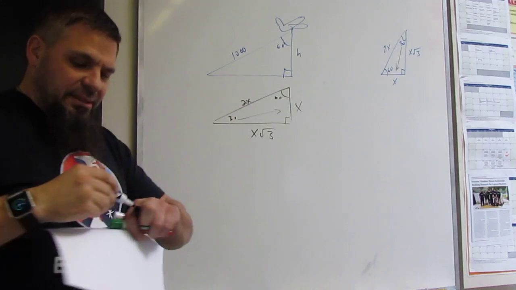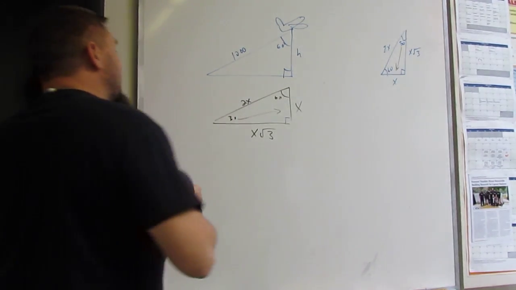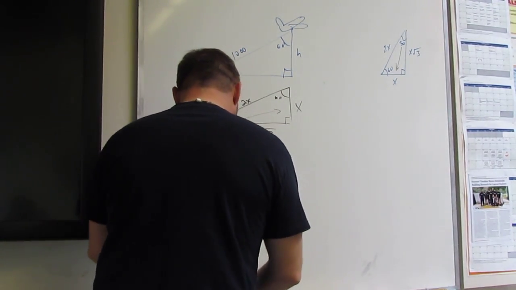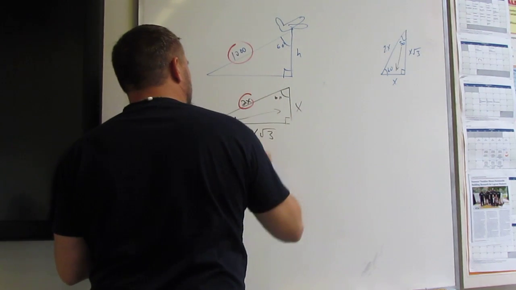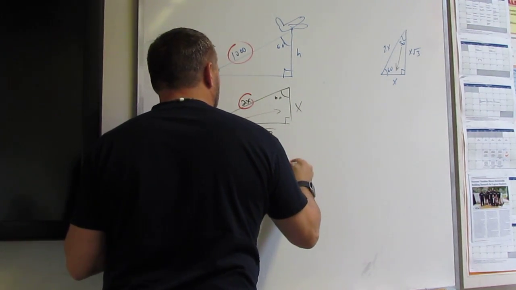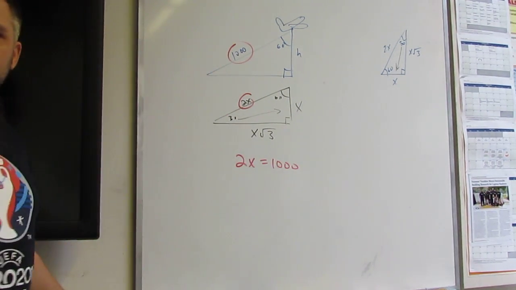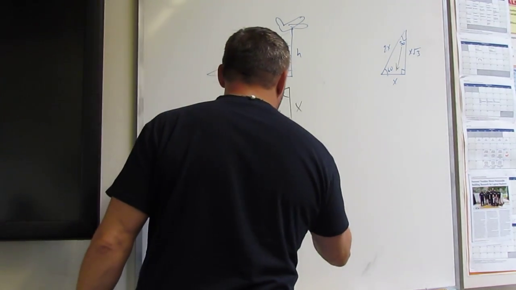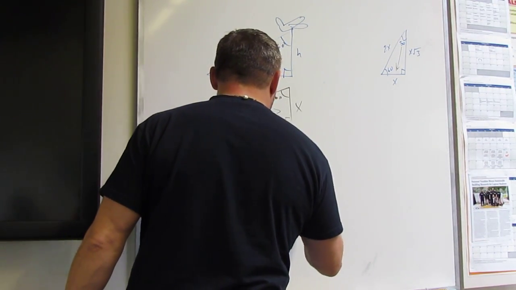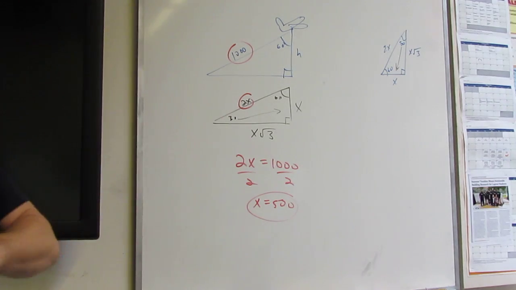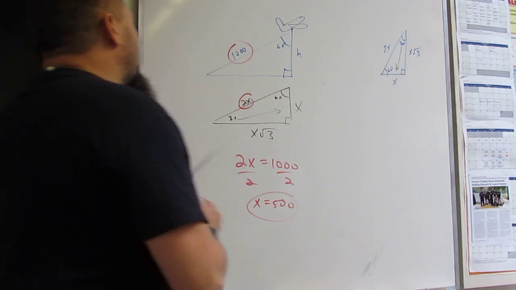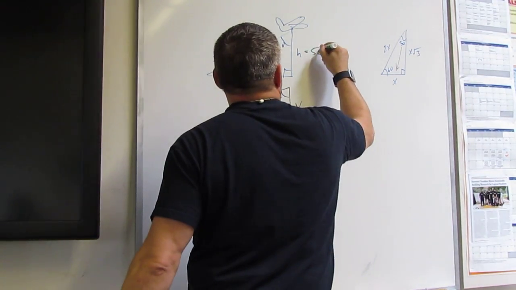So that means that 2x is the same as 1,000. So divide by 2, x equals 500. If that's the case, then h is equal to 500.